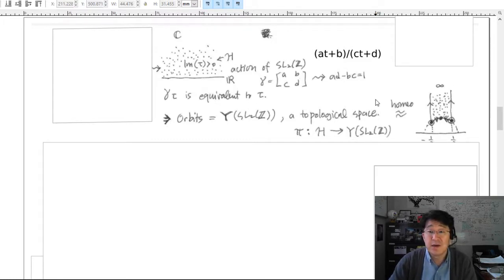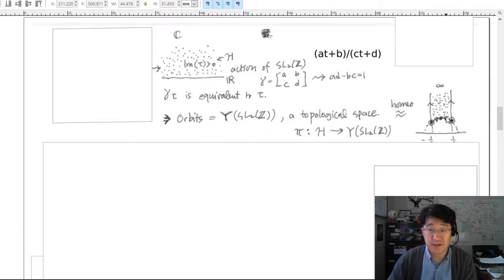Everything over here is going to be connected to that under SL2Z. Everything below this semi-disk can be moved up to here using the action of SL2Z. I'm claiming that, and all the points inside correspond to distinct orbits.